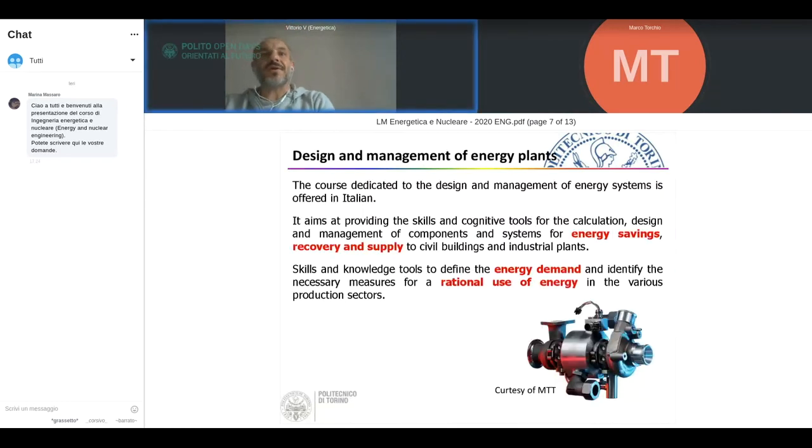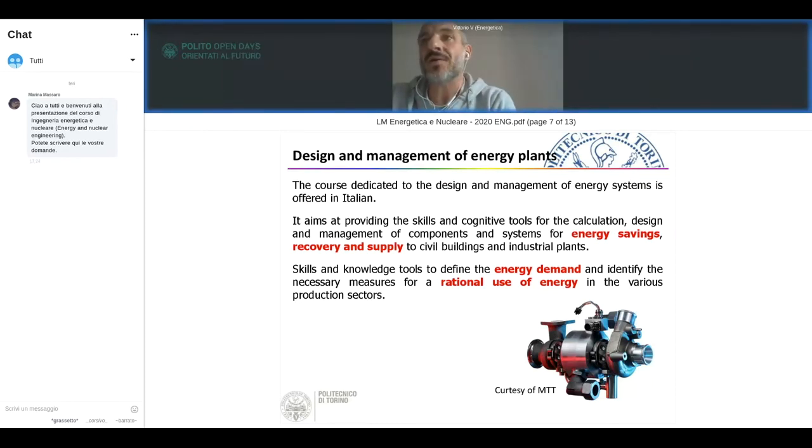Well, if we consider the second track, that's on design and management of energy plants. This course is taught into Italian, and it's related with the development of the various skills and tools for the calculation, design and management at component and system level, for the energy savings, for the energy recovery, that's particularly important in the industrial plant, and the energy supply.